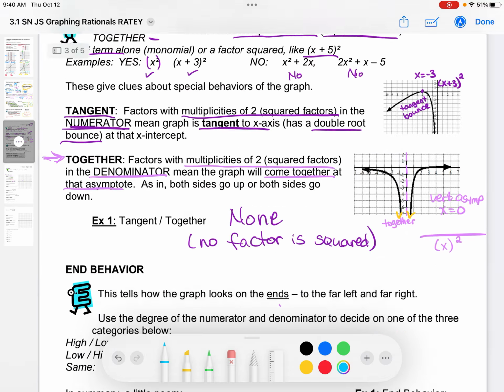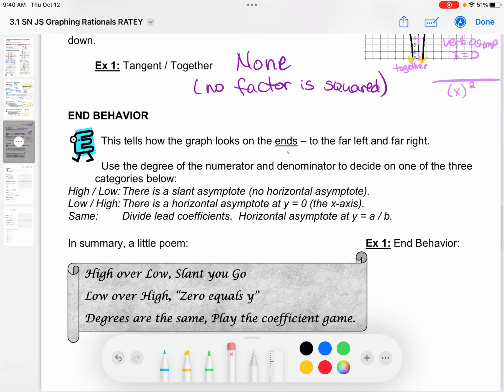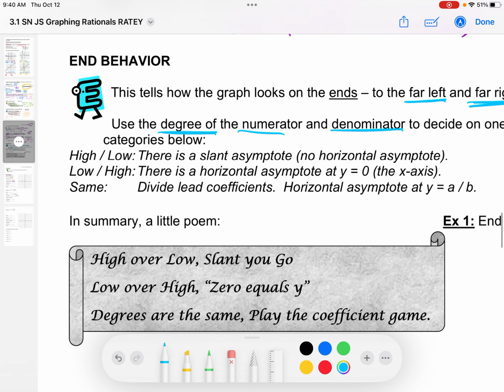Now, let's talk about end behavior. Let's go to the bottom of page 3, end behavior. This is how the graph looks on the far left side and the far right side. We use the degree of the numerator and denominator. We compare those to decide on one of 3 options. Either the degree on top is high and the degree on bottom is low. High over low, there's what we call a slant asymptote.